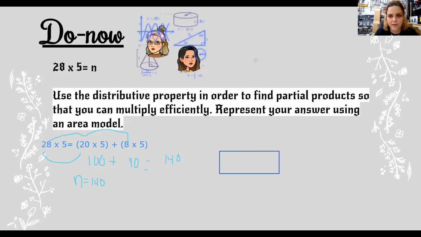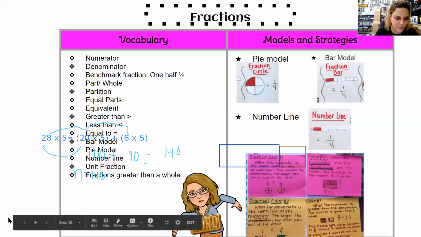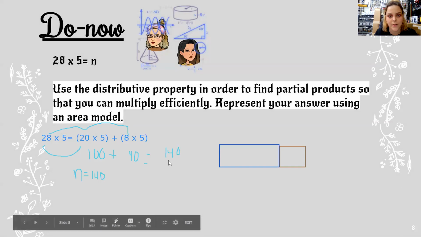And then I'm going to add another one at the end. And I multiplied 8 times 5. It's not going to be as long as my other rectangle. And I did not mean to do that. 1 second, guys. Okay, so that's not perfect, but it's fine. Not a big deal. I'm going to label it.